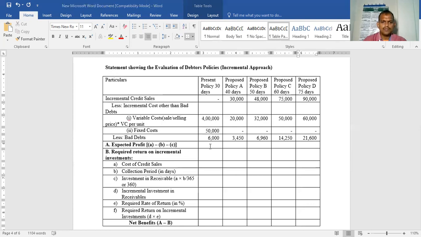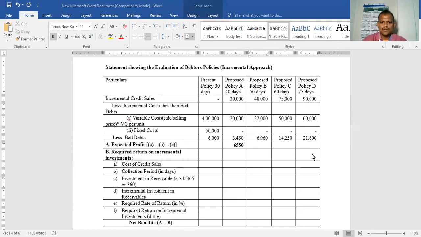Now expected profit. So sales minus cost. 30,000 minus 23,450, 6,550.